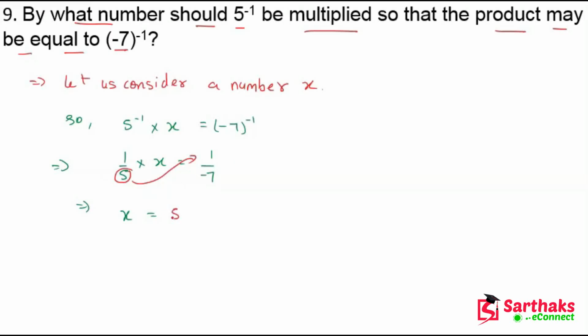So this will become 5 upon minus 7. So the result is x equals minus 5 upon 7. This is very easy. I hope you understand these things, my dear friend. This is the answer of this problem.